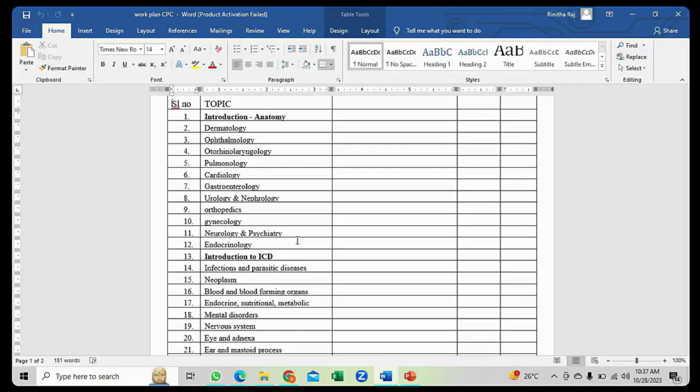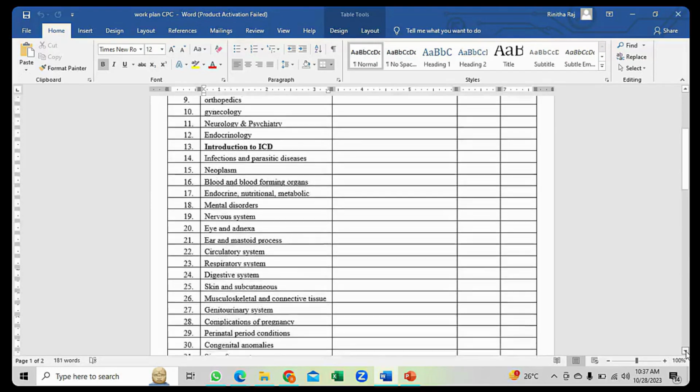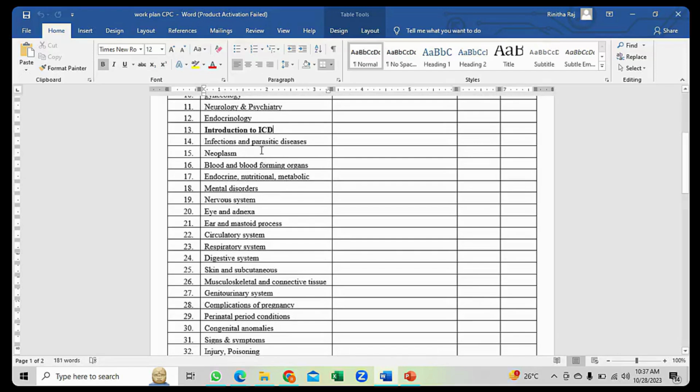After anatomy, we will be seeing the diagnosis coding. That is ICD-10-CM, International Classification of Diseases, 10th revision, clinical modification, right? For that, we will be seeing each chapter, as there are 22 chapters in ICD.